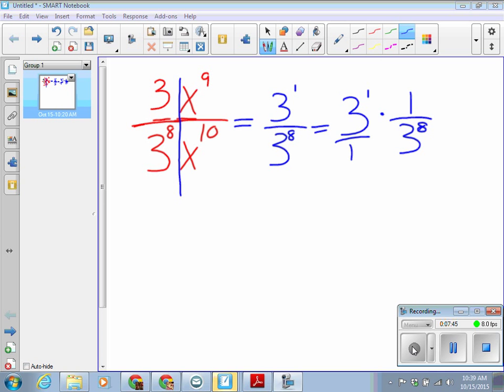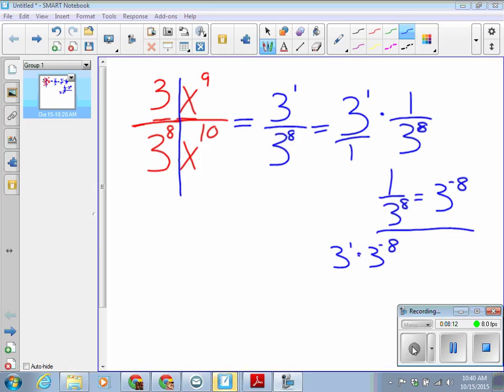Now that I see that, 1 over 3 to the 8th is the same thing as 3 to the negative 8. Those are equal. So if I rewrite my problem, I have 3 to the first times 3 to the negative 8.